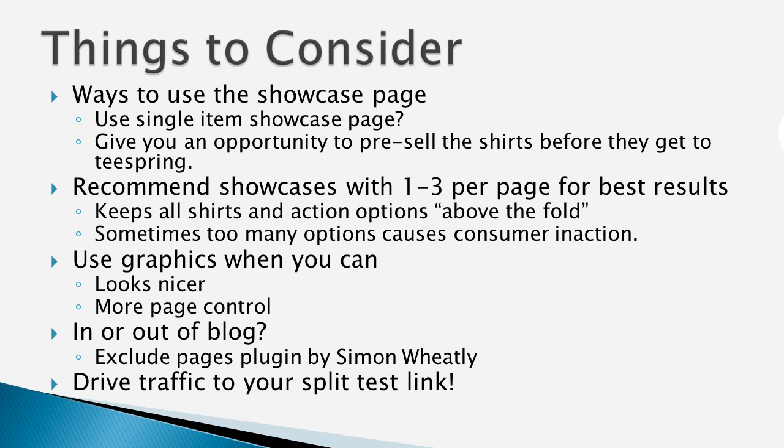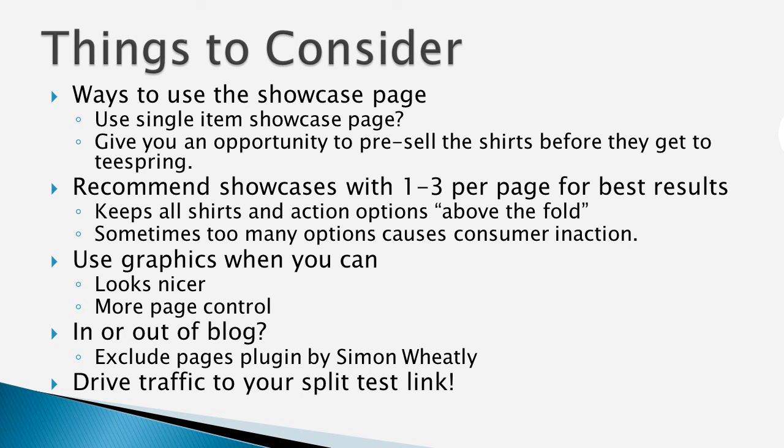Okay, so there are some things that I'd like you to consider here, and one of those is the ways to use the showcase page. Sometimes you can't put enough information, all the pre-sell information that you'd like, into an ad. You're just getting them to click. The ad's about getting them to click on it so that they can see it, and you can use T-Split as an opportunity to pre-sell the shirts before they go to Teespring.